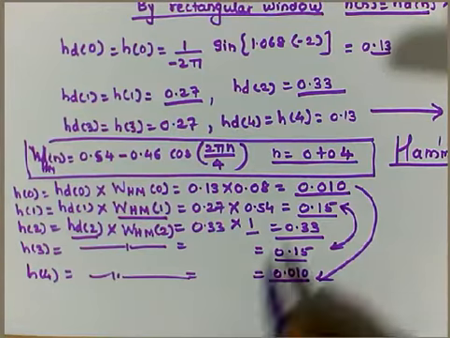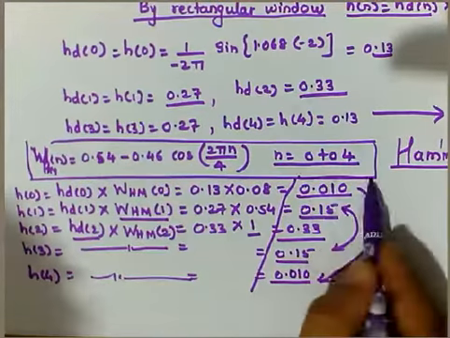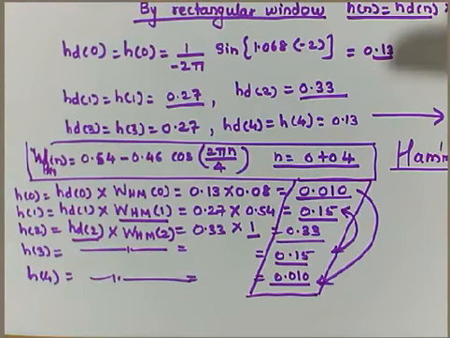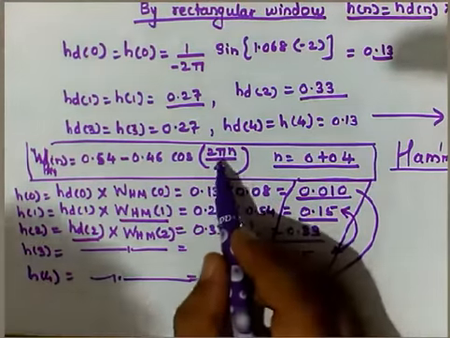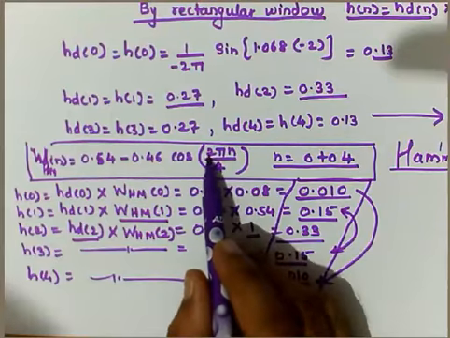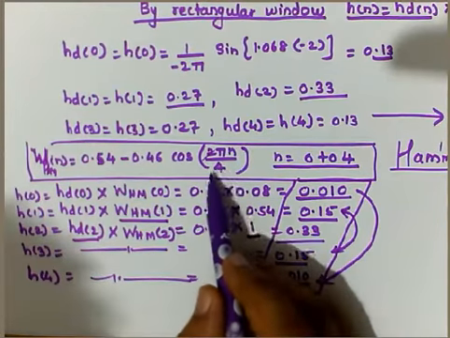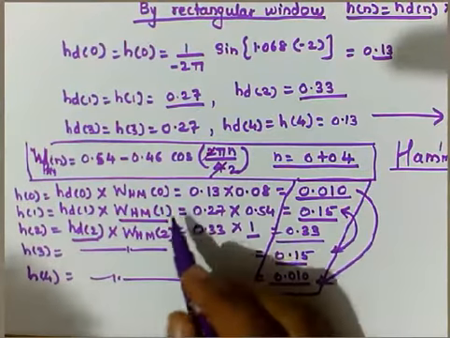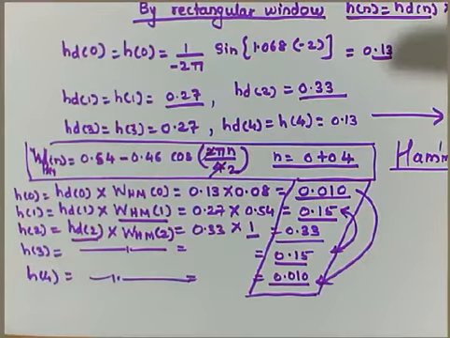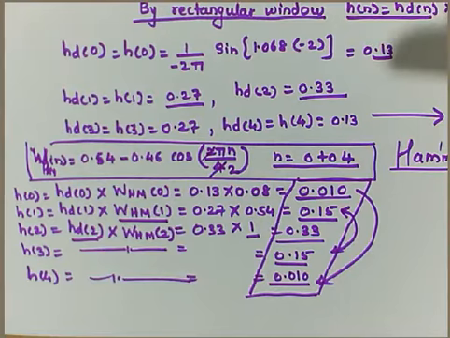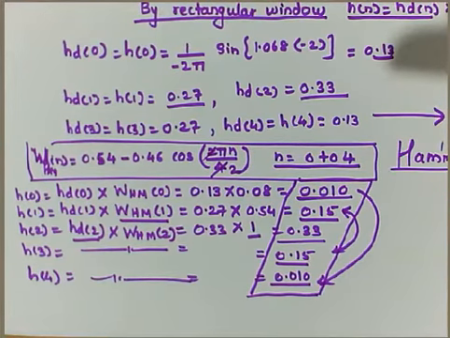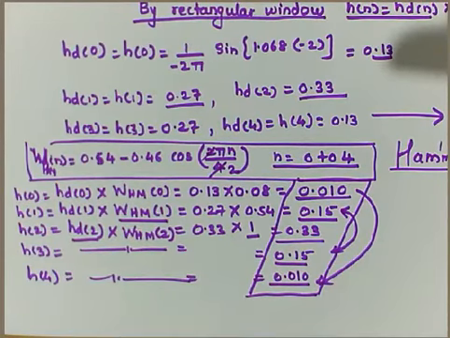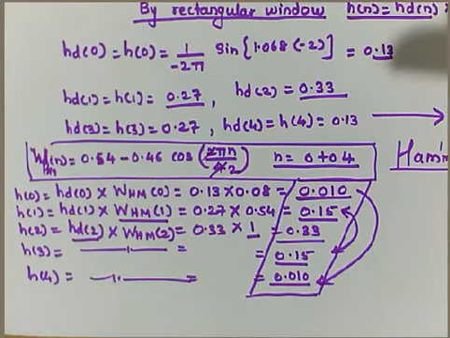This is how we calculated the filter coefficients for the Hamming window technique. Remember, you can simplify this expression, that is cos n pi by 2, and just put the value of n and calculate the filter coefficient. This is all about solving the numerical based on the two window techniques, Hamming and rectangular. Thank you everyone, thank you very much.